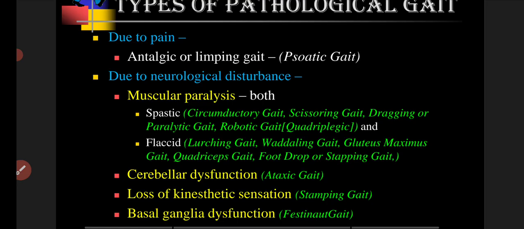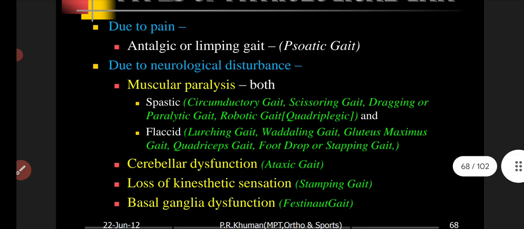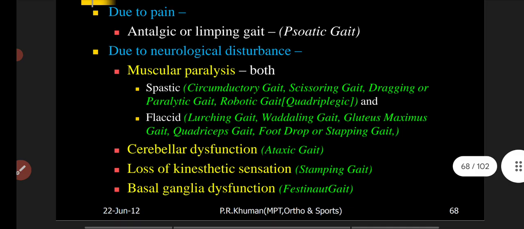Spastic gait is also known as circumduction gait, scissors gait, dragging gait, robotic gait or quadriplegic gait, and another subtype is flaccid. Spastic is the upper motor neuron type, and flaccid is the lower motor neuron type. In flaccid gait you will see the lurching gait, waddling gait, gluteus maximus gait, quadriceps gait, foot drop gait, or high stepping gait.